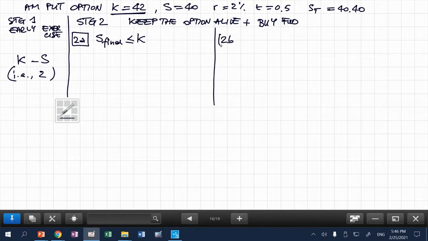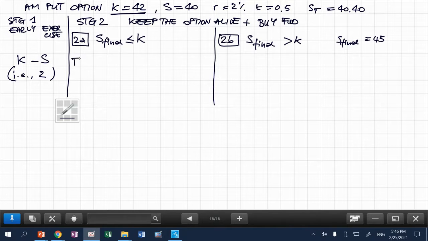Instead, the second case is the one in which the final price is strictly larger than the strike, okay? Example, let's say we have a final price equal to 45. Let us calculate again what is happening.